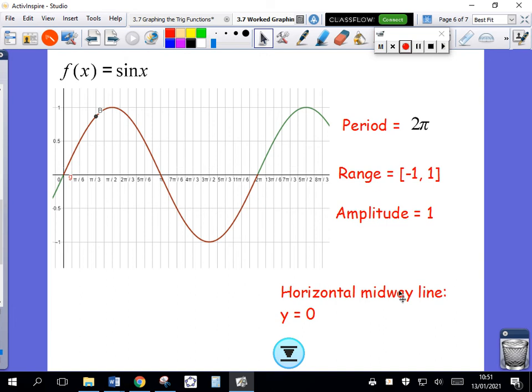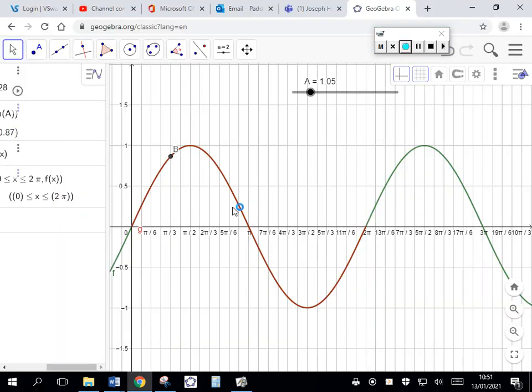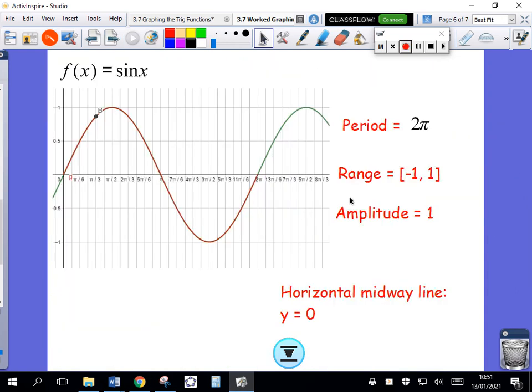Okay, so what you have to be able to do is convert your values for sine into a sine graph like that, or a sine curve. And you have to be able to comment on different quantities within that sine curve. And these are very important quantities: the period, the range, and the amplitude. You got to know those words: the horizontal midway line, a horizontal line halfway up the curve.